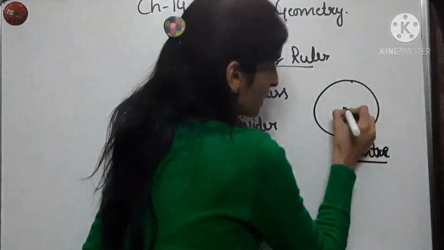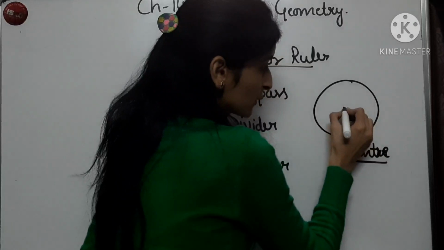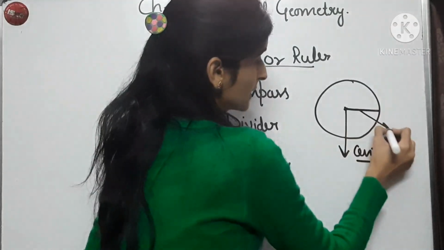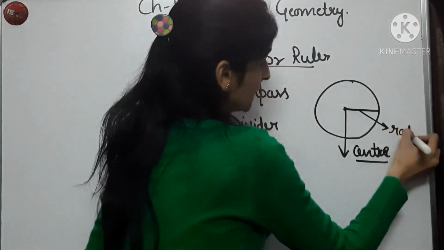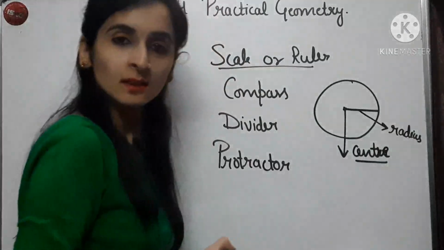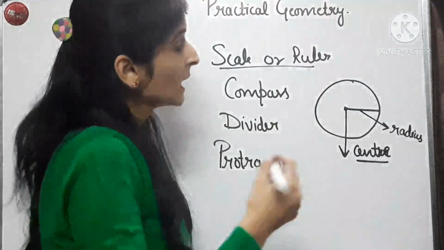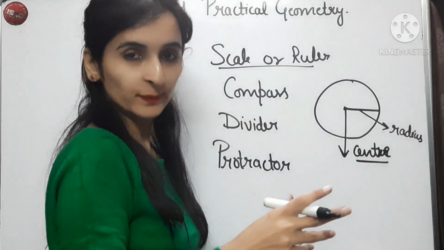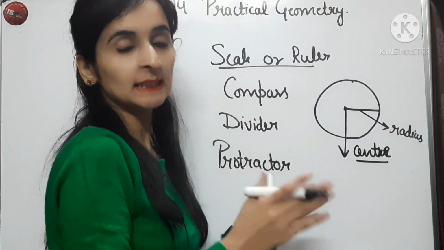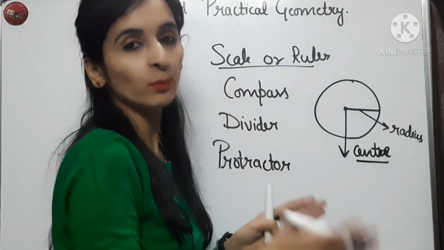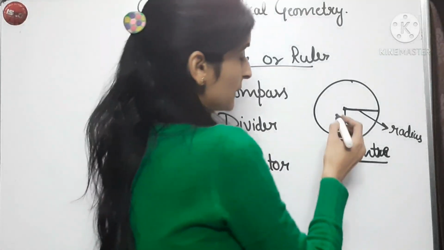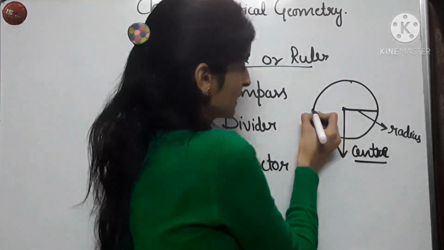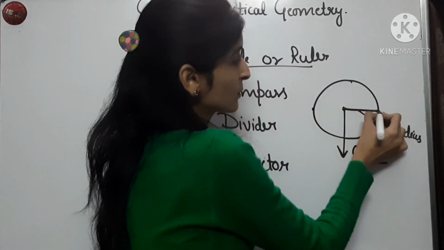The distance from the center to the circumference is called the radius of the circle. When we find the distance between 2 points on the circumference, passing through the center, that distance is called the diameter. Suppose I am taking this point and this point.